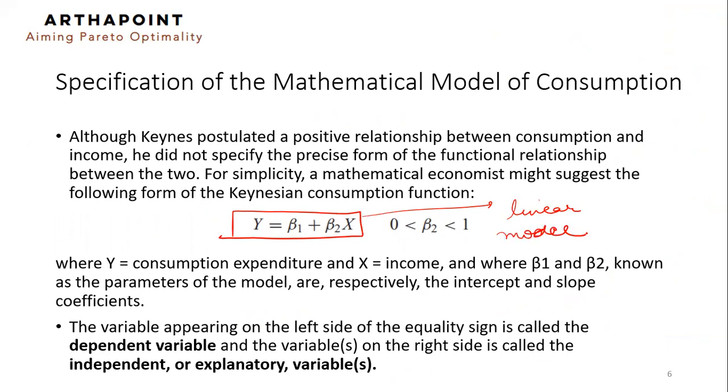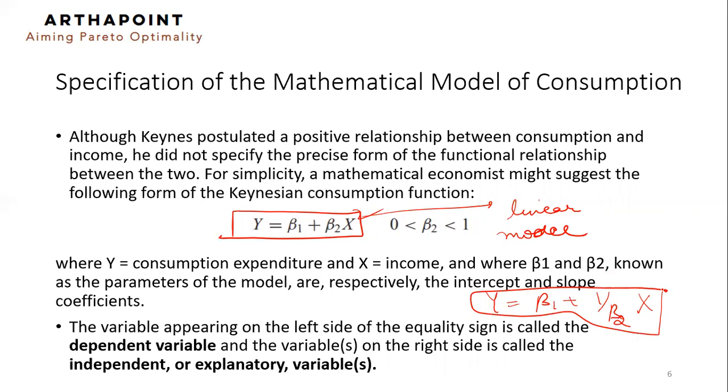It could have been quadratic. It could have been x square. It could have been anything. As we go ahead, you'll understand there are various models. There is a reciprocal model, there is another model, and so on and so forth. There are tons of models that you will study, but you have to understand that this is something that you will attain from the kind of analysis that you do.